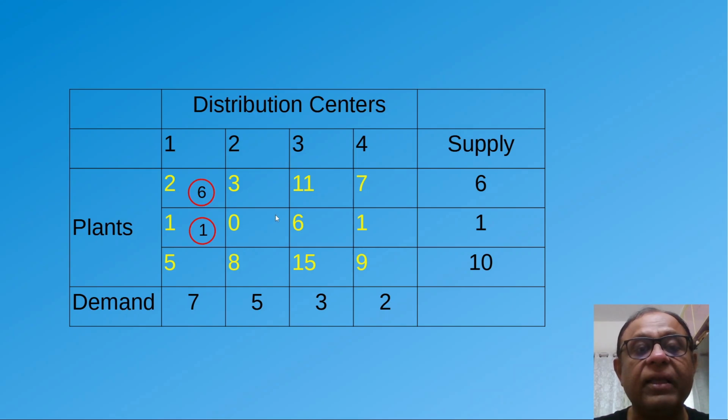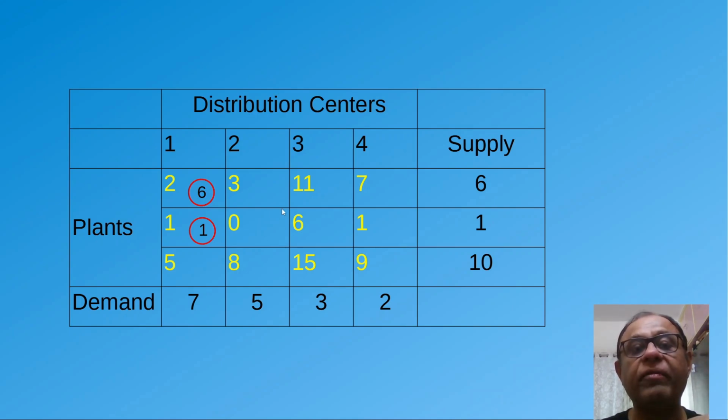Now remember one thing, we have to start the allocation from here, but we can't start the allocation. Why? Because the supply has already been provided to distribution center number 1 and it can no longer supply. Plant number 2 can no longer supply. So again, we go down.